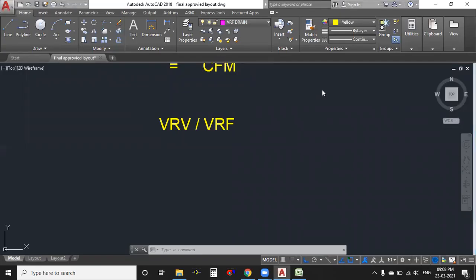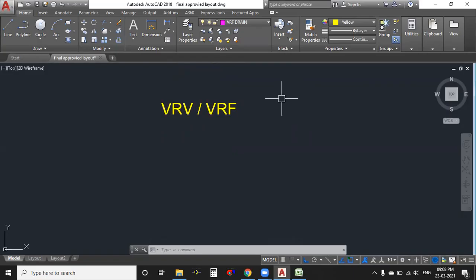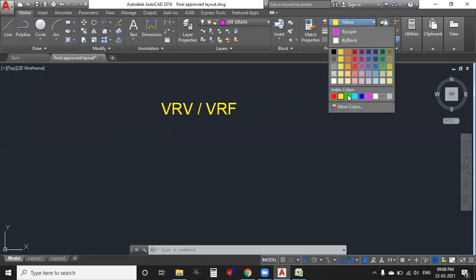One pipe is small, one pipe is big. The selection of copper pipes and the capacity of equipment, how we do these things, we are going to learn here. So I'll give you one small layout so that you get an idea.